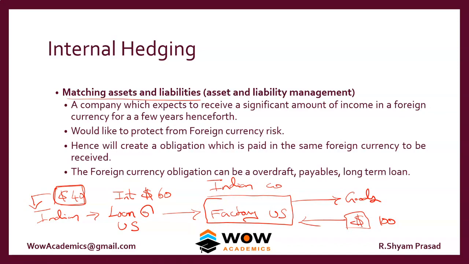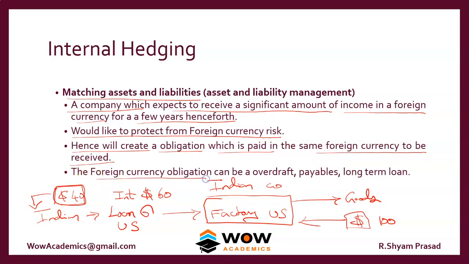The residual amount alone comes to India. So a company which expects to receive a significant amount of income in a foreign currency for a few years henceforth would like to protect against foreign currency risk. Hence, it will create an obligation which is paid in the same foreign currency to be received.